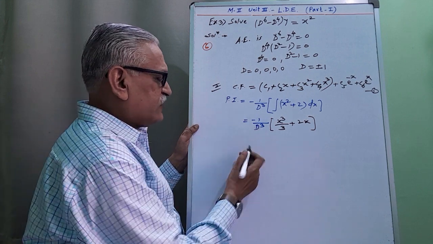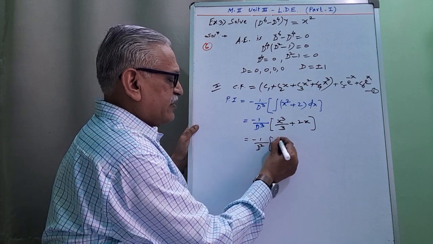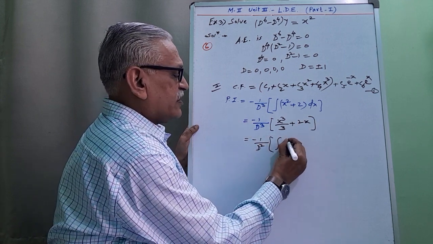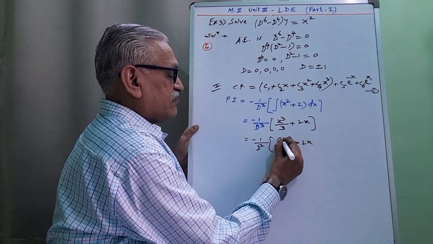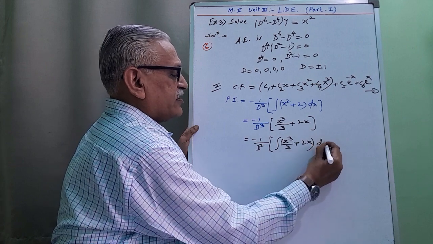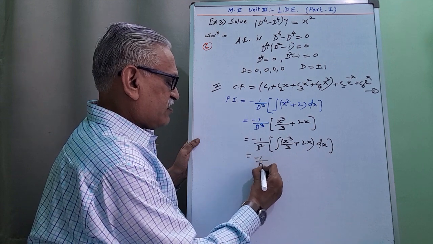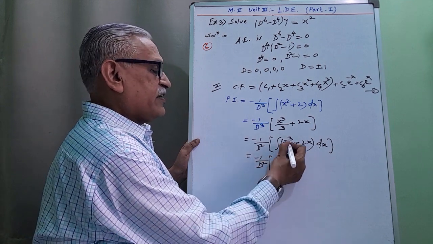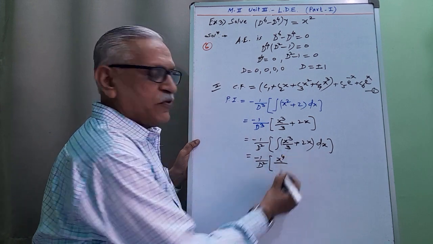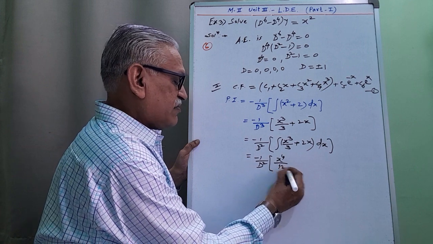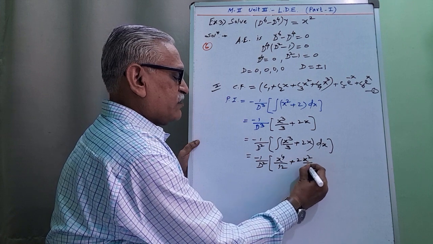Then again splitting this d cube as minus 1 by d square and integration of this term, x cube by 3 plus 2x, with respect to x. Therefore, minus 1 by d square. Integration of x cube is x raised to 4 by 4, and 4 threes are 12, plus integration of 2x is 2 times x square by 2.